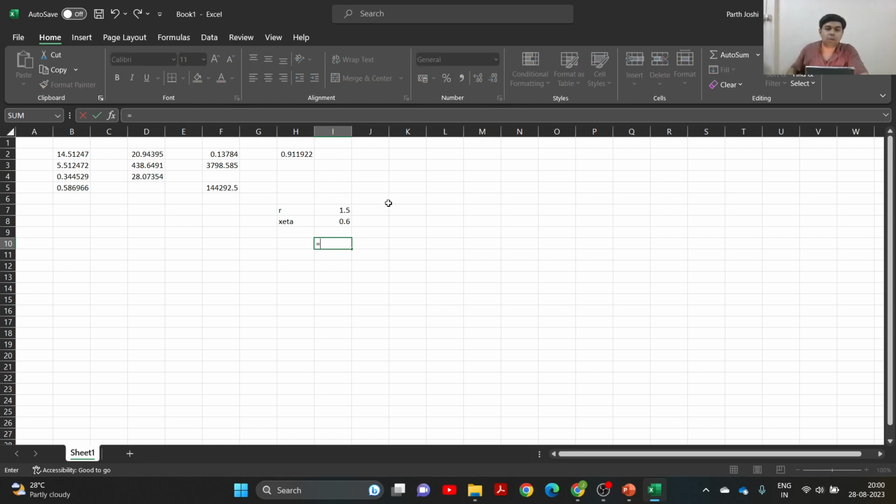The numerator is basically R square and the denominator is equal to the square root of 1 minus R square the whole square plus 2 into zeta into R the whole square.